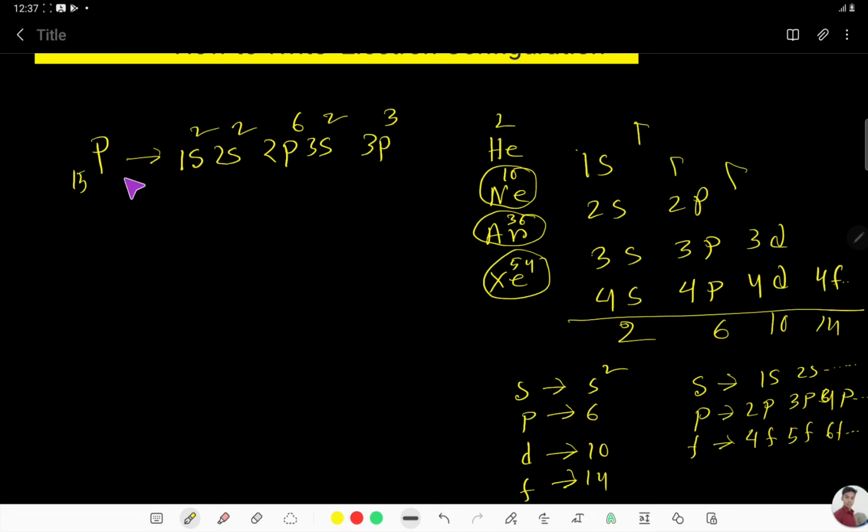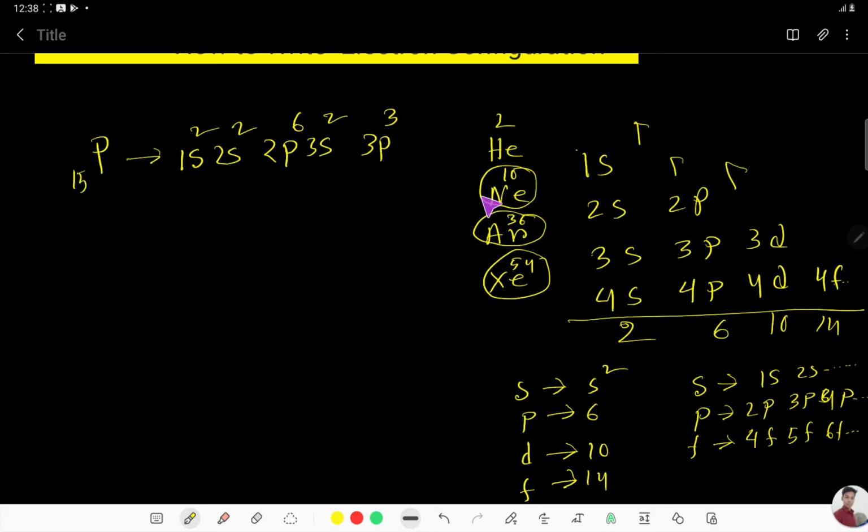So to write the electron configuration using noble gas notation or shorthand, you have to consider the noble gas that has an atomic number immediately lower than your target element. Phosphorus atomic number is 15. So we have to find the noble gas whose atomic number is immediately lower than 15.